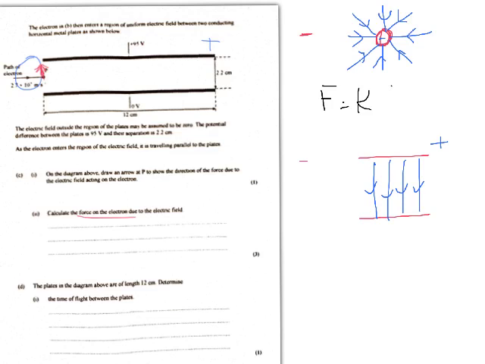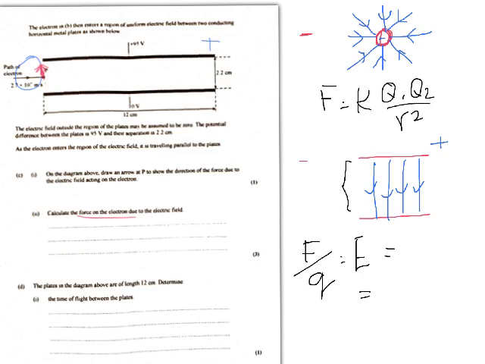So for a radial field you had Q1 Q2 over R squared, and for this one you had F over Q equals E, which is the electric field strength, which is also equal to V, the voltage across the plates, divided by the distance between the plates.